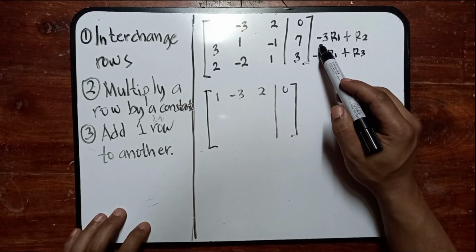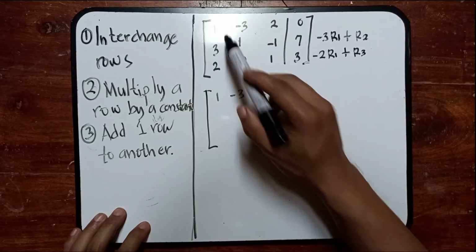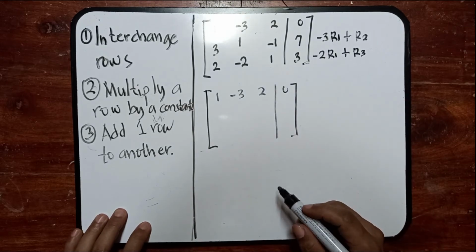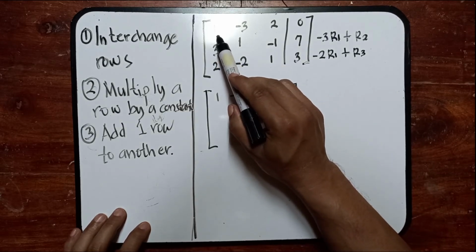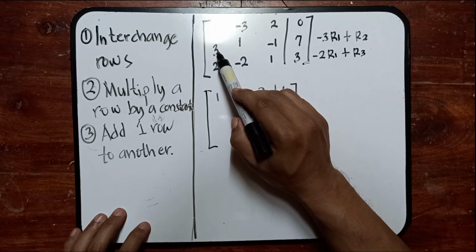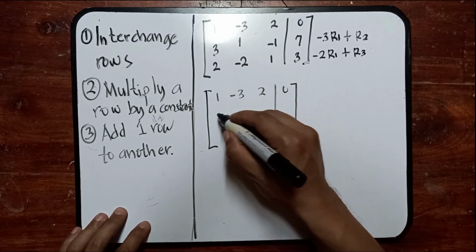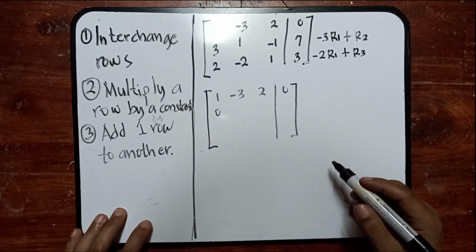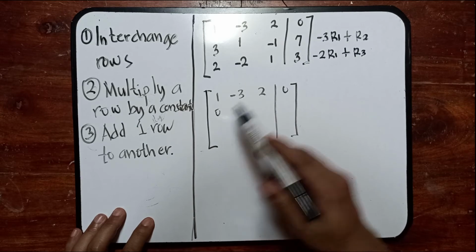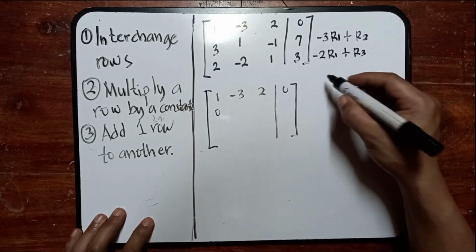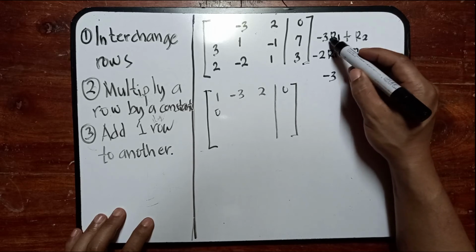So let's compute negative 3 times R1, so that becomes negative 3, plus R2, this becomes 0. Maybe you're wondering why we have this answer. Negative 3 times R1, what is R1?